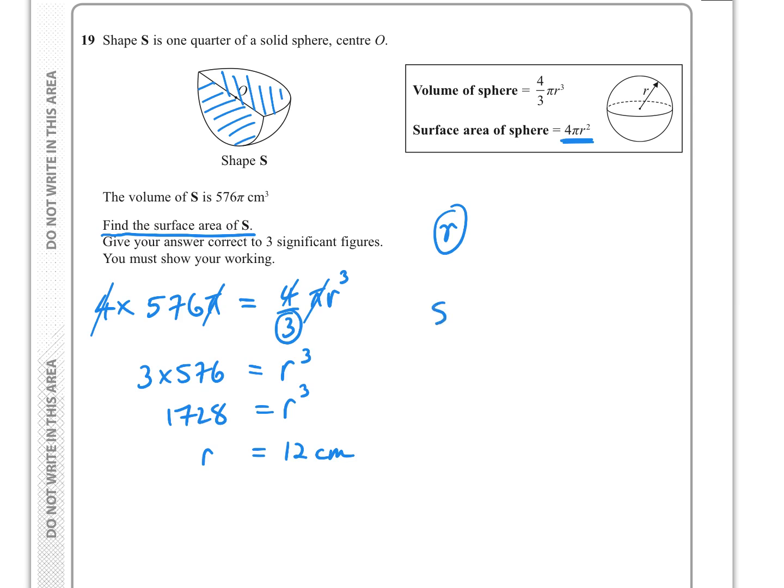So we know that the surface area of S is going to be pi times radius squared. So that's the area of one circle, because it's two halves put together, plus 1/4 of what this surface area would have been, because it's only 1/4, don't forget.